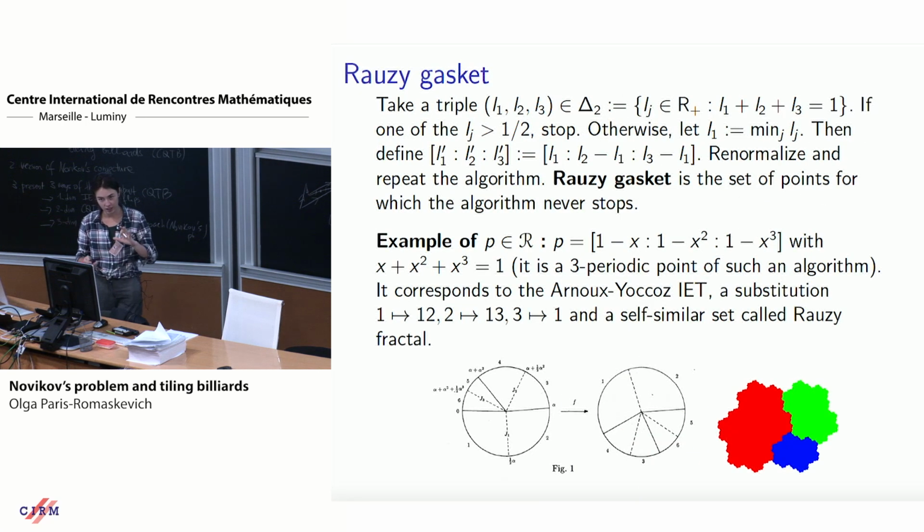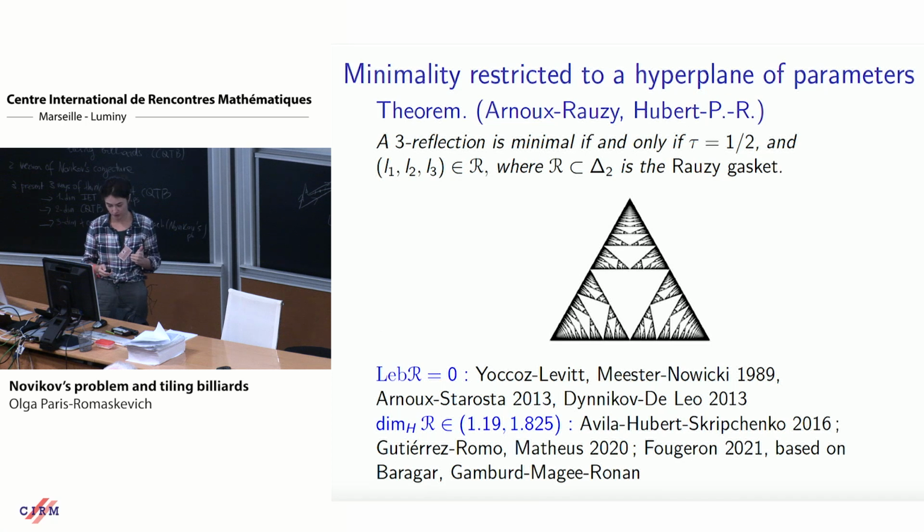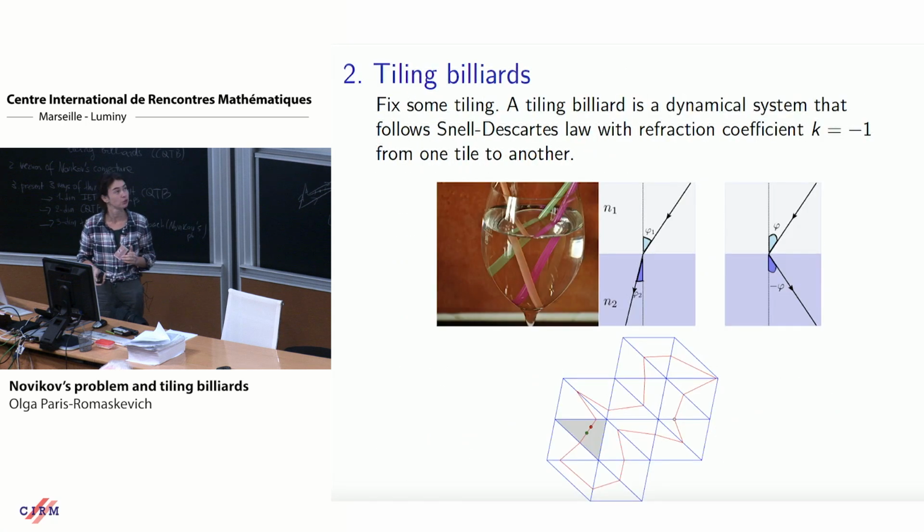So I gave you an example, a definition of a parametric family of three reflections. It's one-dimensional dynamics. Now let me come back to tiling billiards, and then I will explain how this family can be found in the tiling billiards context.